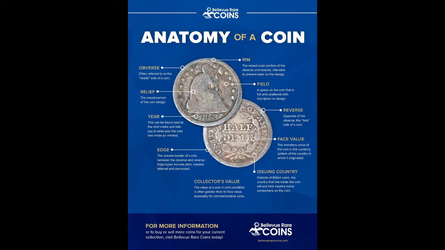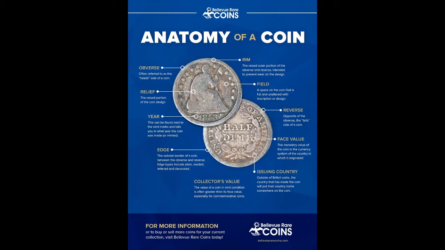Okay, so this is from Bellevue Rare Coins, and I figure if all these places take the time to make these nice graphics of this, then it's worth going over. So I'm just going to go through this.